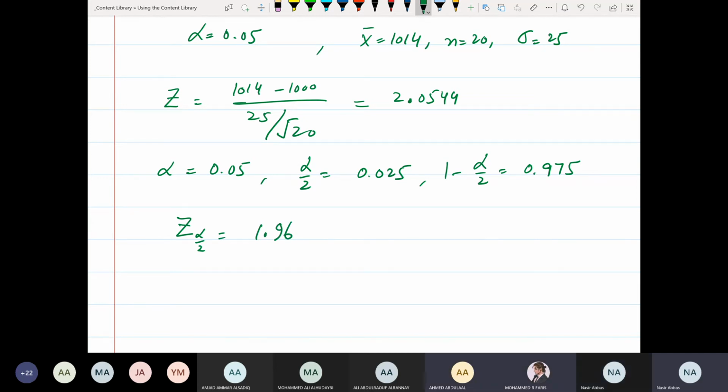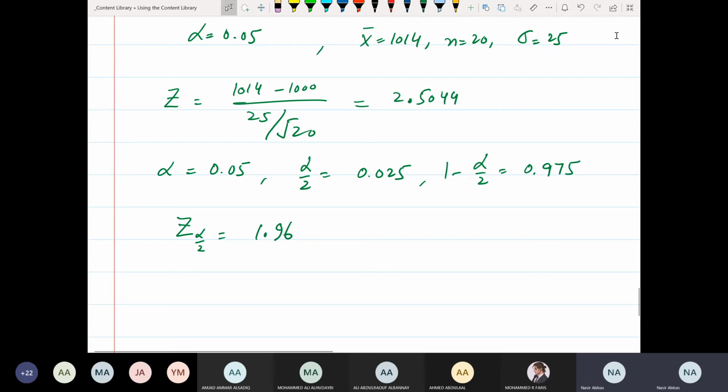So this time your critical value will change because your H1 was two-sided. So you will look for 1 minus alpha by 2, not 1 minus alpha. You look for 0.975 and the corresponding value of Z is 1.96.